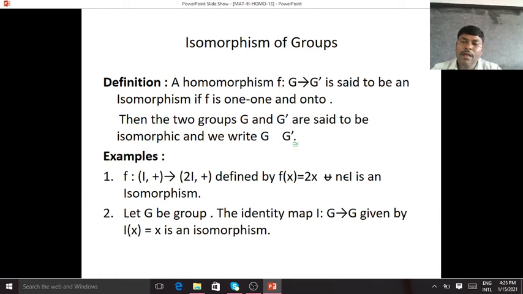Examples: f from (Z, +) to (2Z, +) defined by f(x) = 2x for all x belongs to Z is an isomorphism. Let G be a group. The identity map I from G to G given by I(x) = x is an isomorphism.